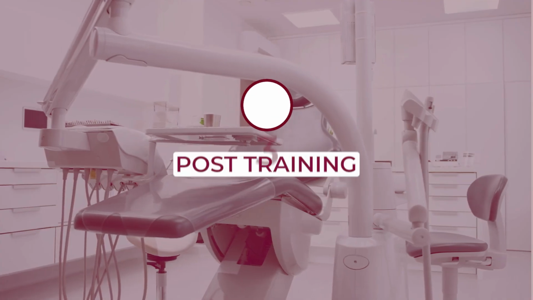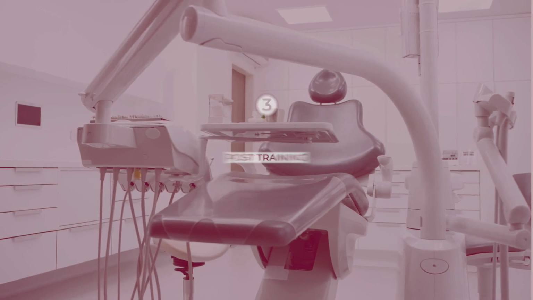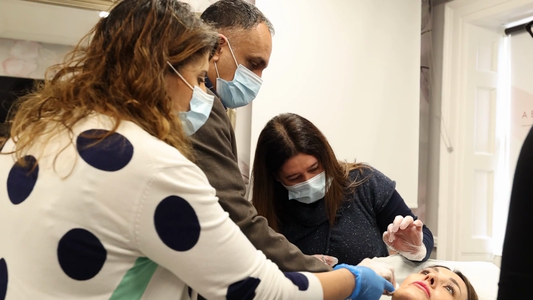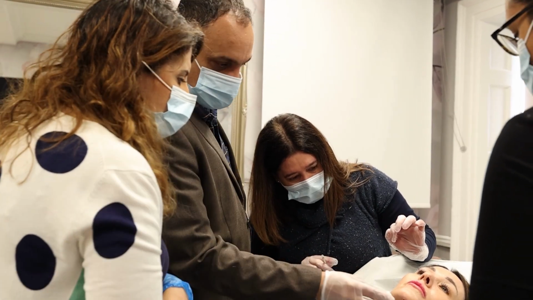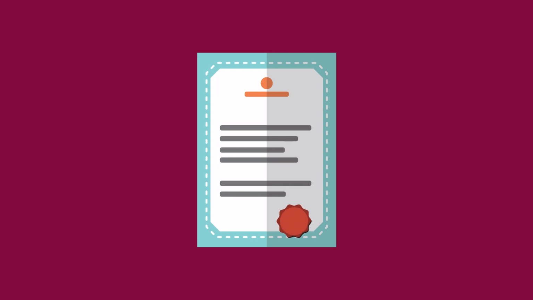You should be getting multiple models per procedure, but also not sharing any models. And then thirdly, what happens post-program? You should be able to get unlimited free support from your trainers to answer any difficult questions, go over any treatment planning and clinical cases. Then you will get a certificate of competence and confidence on your clinical training that you can show your insurance companies so you can get valid insurance to allow you to undertake these procedures.